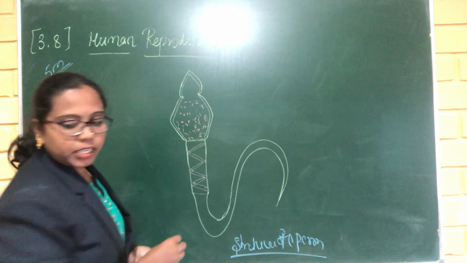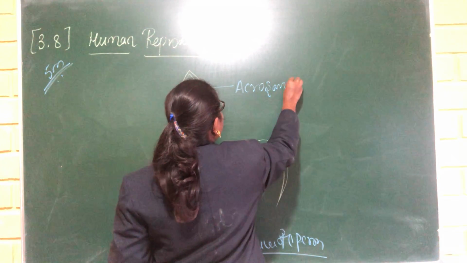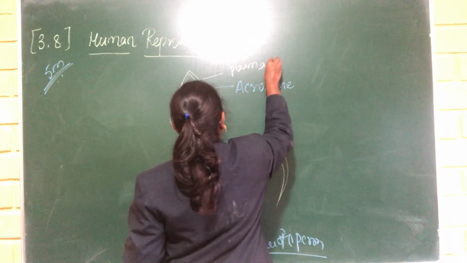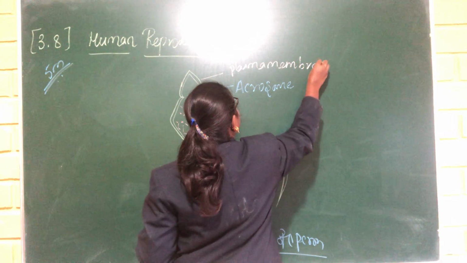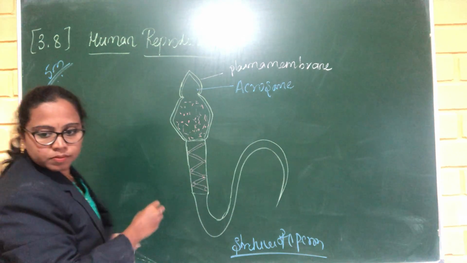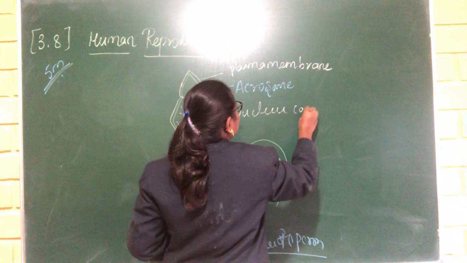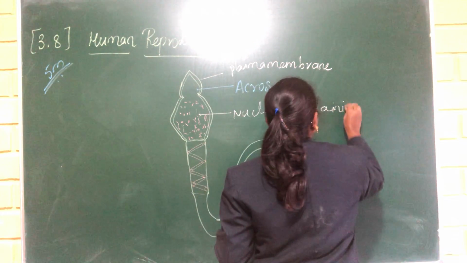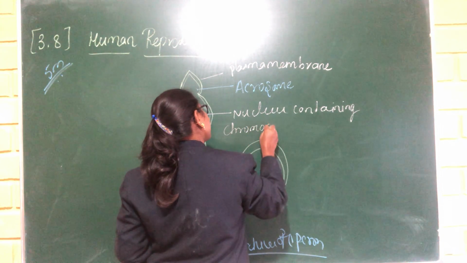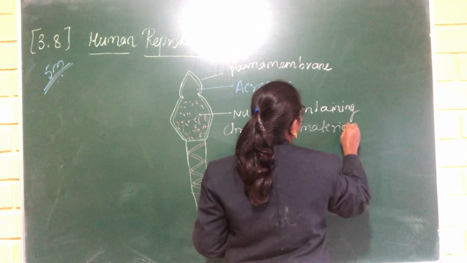This region is the acrosome, and it is covered by the plasma membrane. And this is the nucleus containing chromosomal materials.